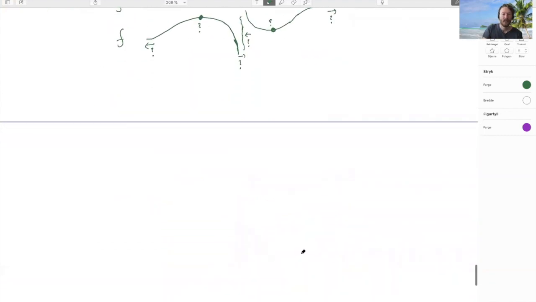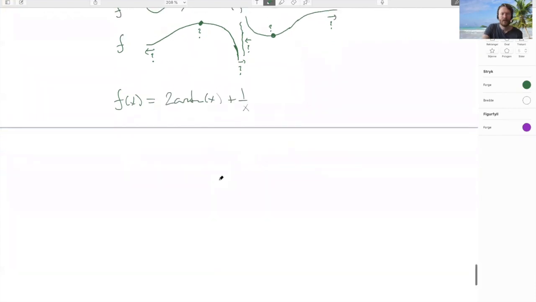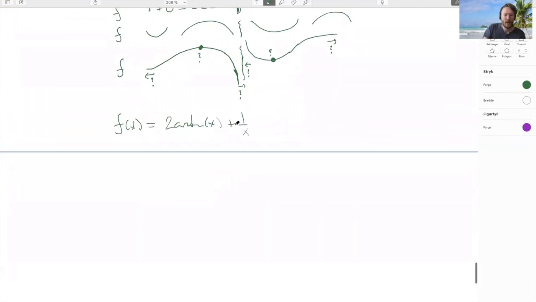We only need this thing now. So let's recall the formula for the function. Now let us go a little bit up here. So first of all, what happens as x tends to 0 from the right, let's say? Well, this guy tends to 0, okay? So arctan is 0 at 0. And this guy here, well, if x tends to 0 from the right, it gives me a plus infinity.